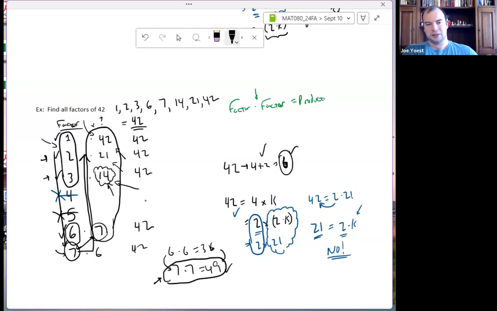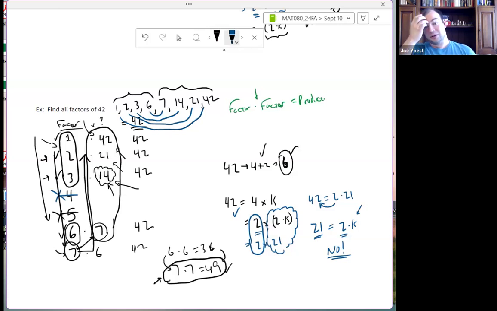So these were the factors that I found on the original pass through with my divisibility tests. And then these are the matching, almost like pages in a book, factors. 7 times 6 is 42, 14 times 3, 21 times 2, 42 times 1.